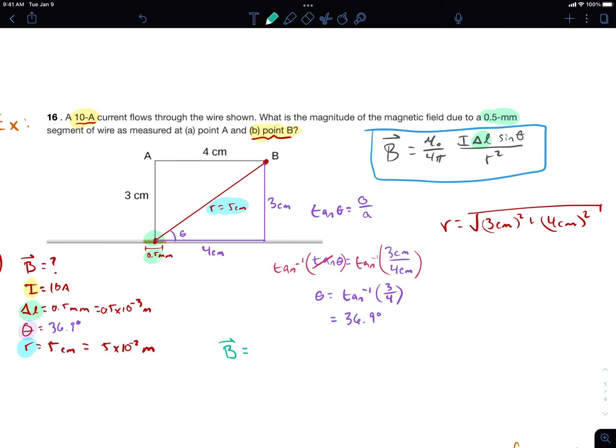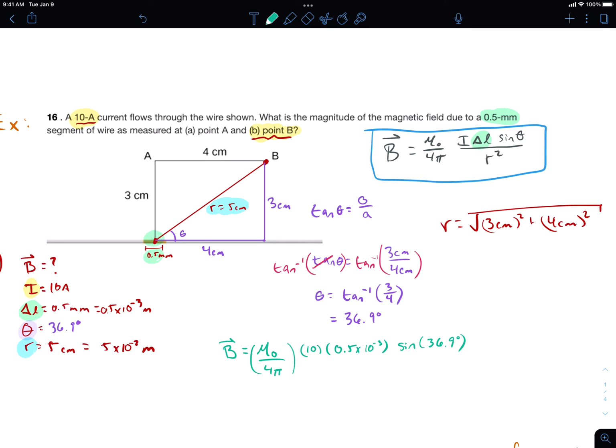My magnetic field should be mu naught over 4 pi times my current, which is 10 amps, times my delta L, which is 0.5 times 10 to the minus 3 meters, and I have the sine of 36.9 degrees.